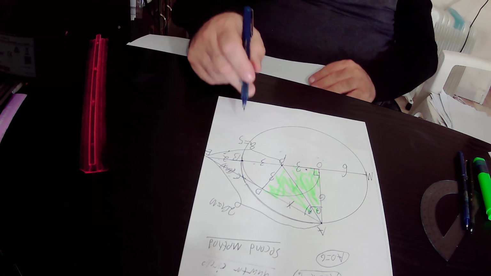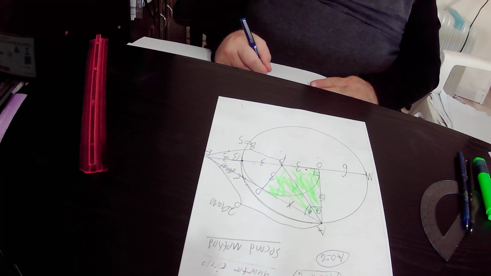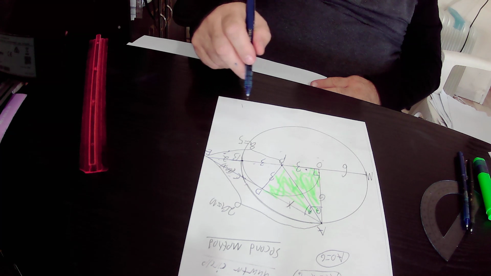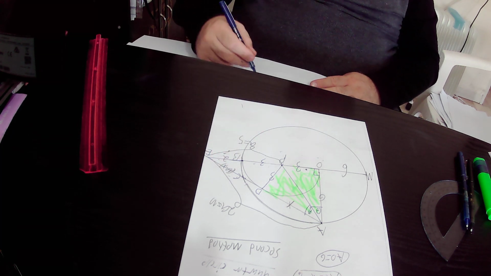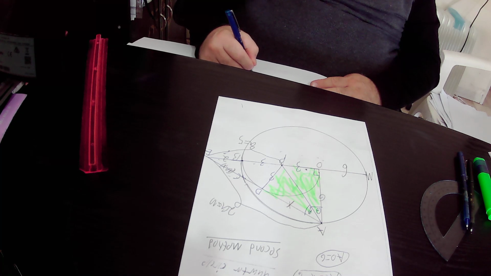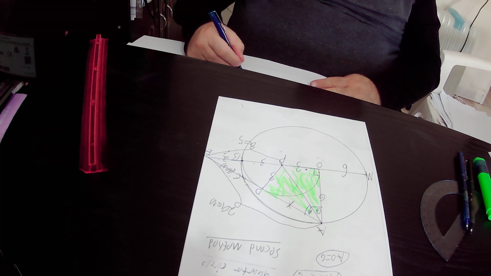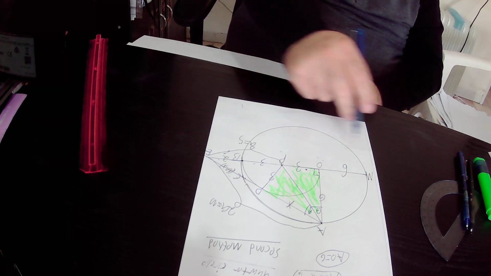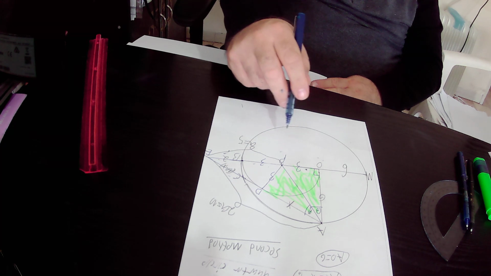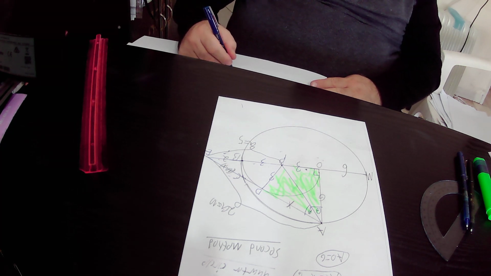EC equals 10 minus x, EA equals 10 units, and it is equal to EB equals 2 units, times EM, line segment EM equals 6 plus 3 plus 3, that is 12, plus 2, that is 14.